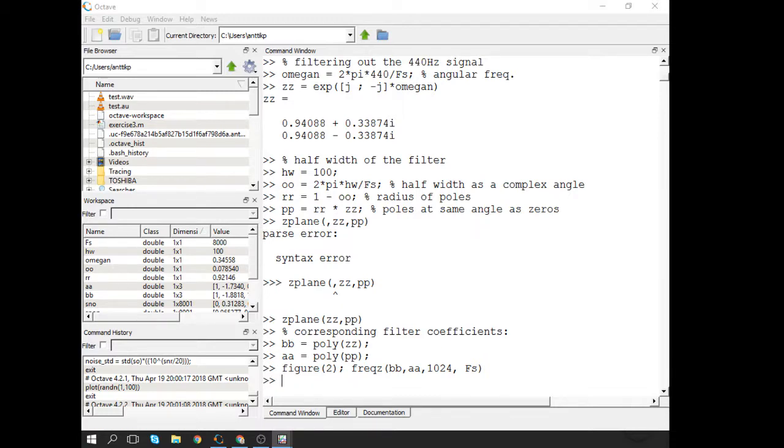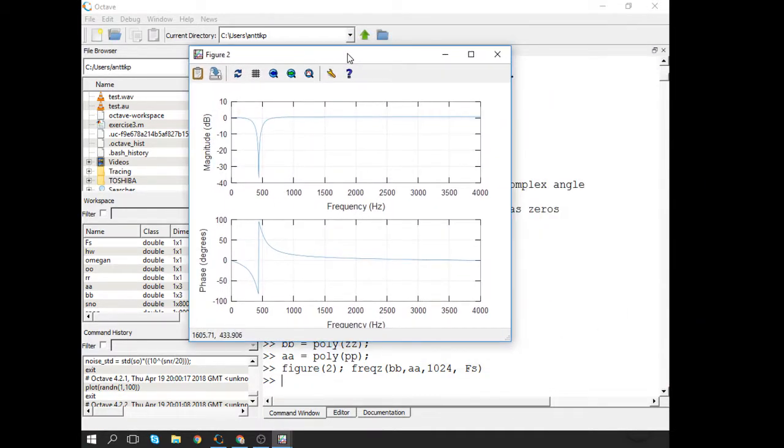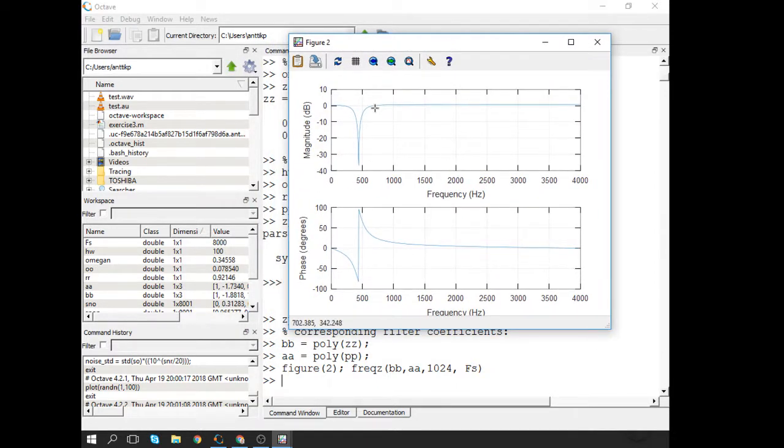Wow. There we go. So we have a flat unity gain pass band, and don't worry about this. Phase response is highly nonlinear, of course. But on the other hand, we have only a second order system to do it.